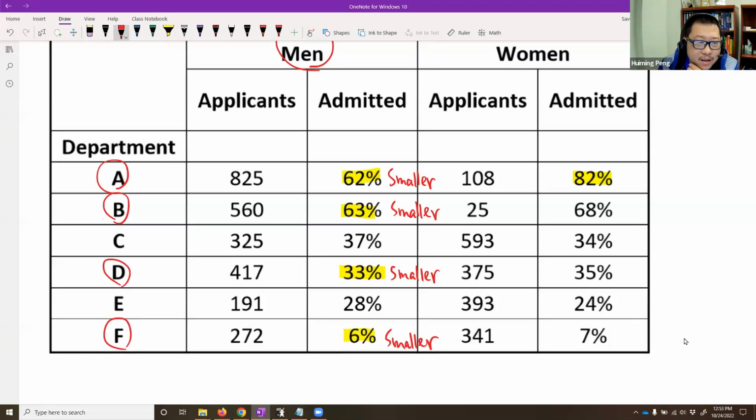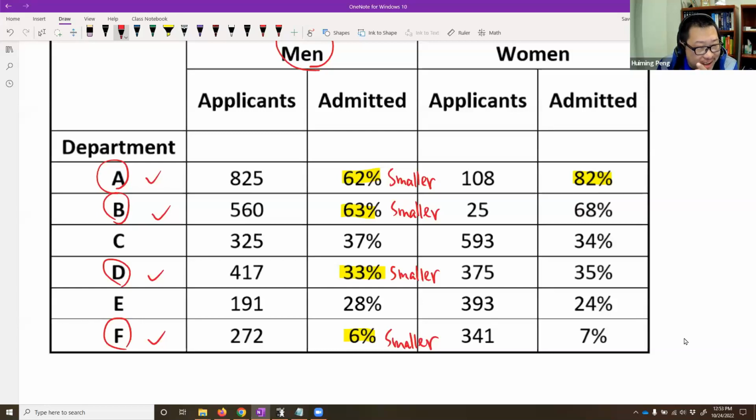It means, among the total 6 departments, this one is unfair for male students, right? The gender discrimination now completely reversed. And this is also unfair for men, unfair for men. Of the total 6 departments, we have 4 departments unfair to male students.